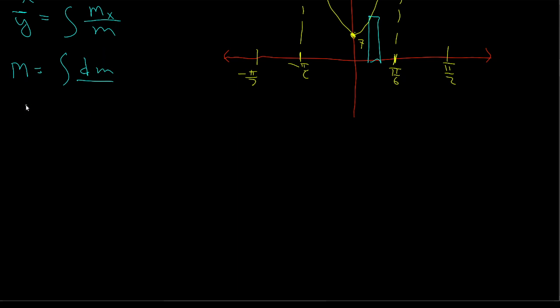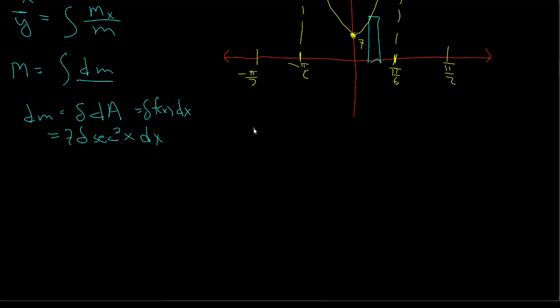So our dm, as usual, is the density function times the area. And if we look at our little rectangles, our area is going to be delta x times the function itself, or in our case, dm is going to be 7 delta secant squared of x dx.